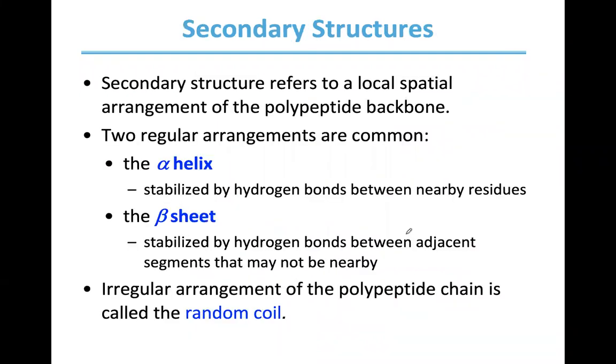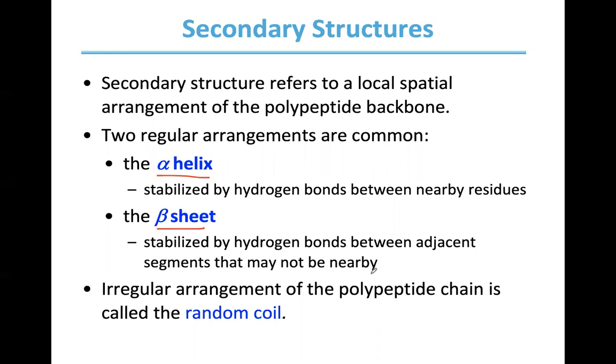Secondary structure is the local spatial arrangement, usually short segments of the protein backbone. The two most common that we will talk about are the alpha helix, stabilized by hydrogen bonds between nearby residues, and the beta sheet, stabilized by hydrogen bonds between adjacent segments, which may not be nearby.